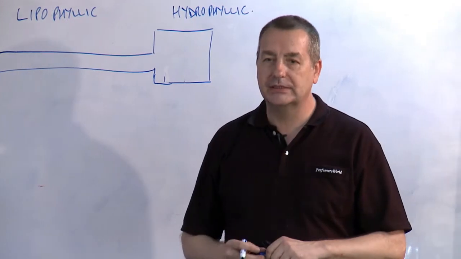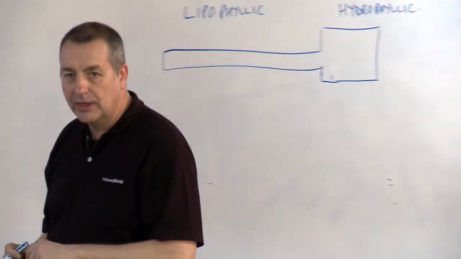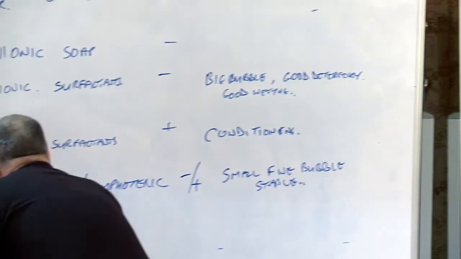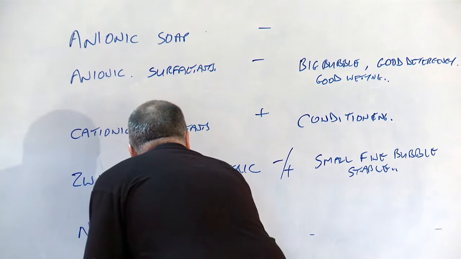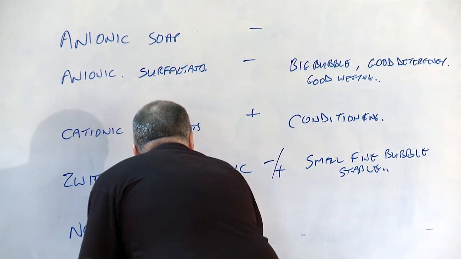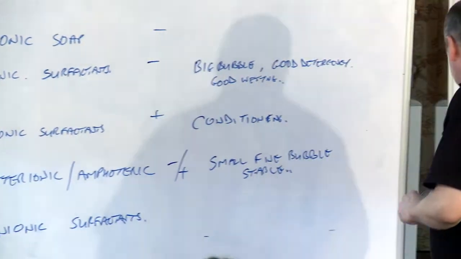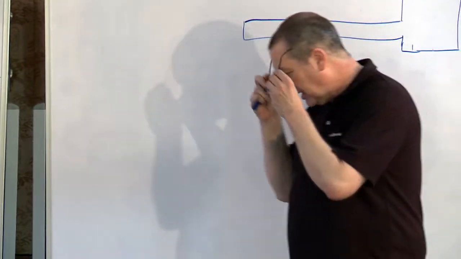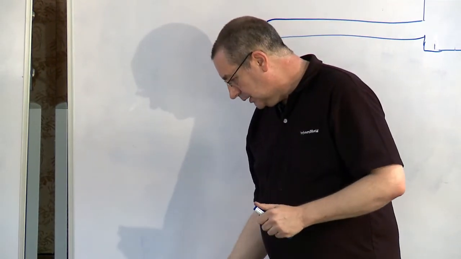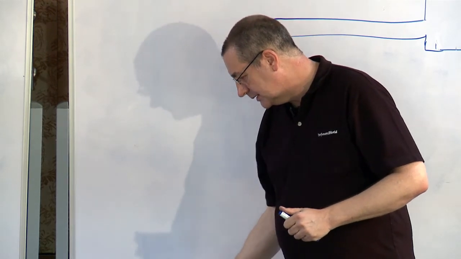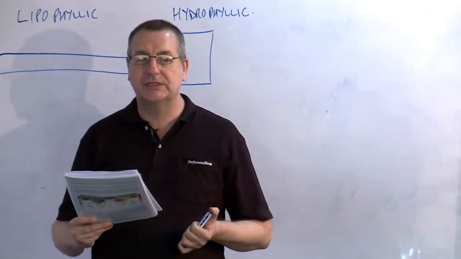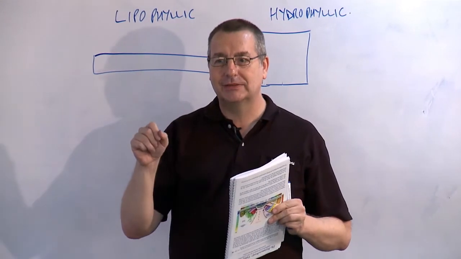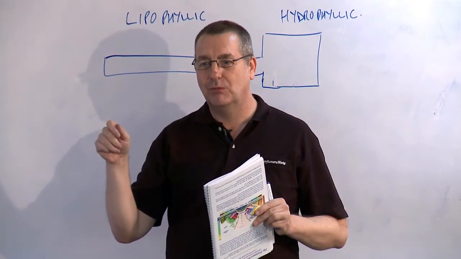And last but not least, we have the non-ionic surfactants. These are things like polysorbate, sorbitan isostearate, polyethylene glycol. And if you notice in those names, sorbate, glycerol, what are these?